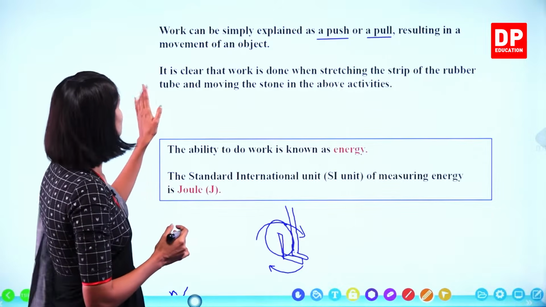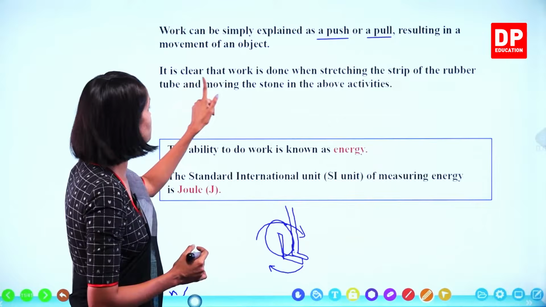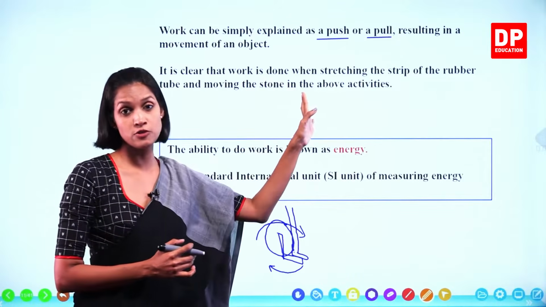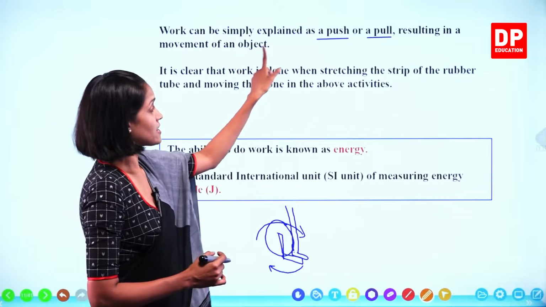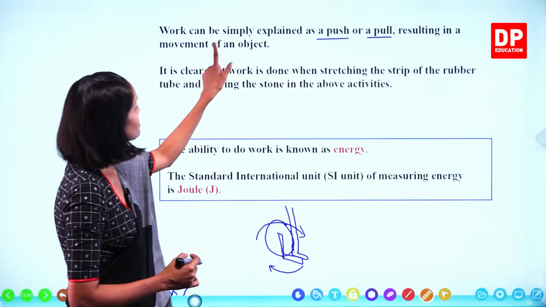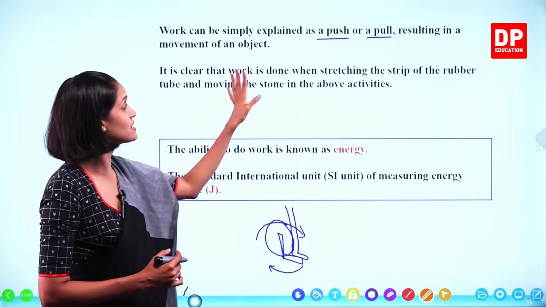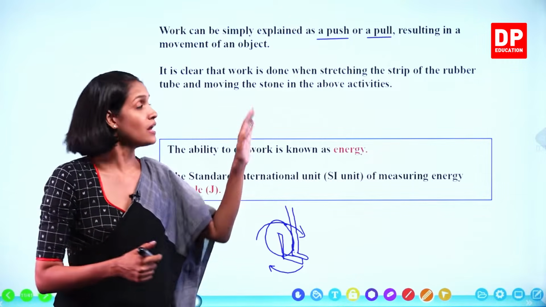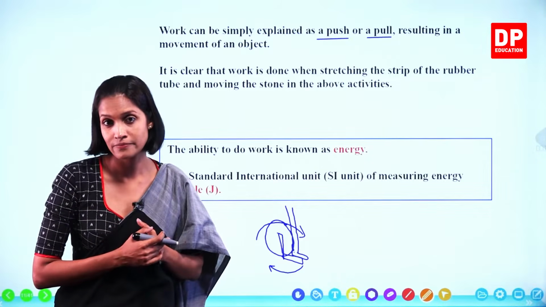Right? So it's clear that work is done when stretching the strip of the rubber tube and moving the stone in the above activity. So we did two activities to understand this, right? That stretchy band activity and moving stone activity. In both instances, we consider stretching the rubber strip and also moving the stone. They are both different types of work.